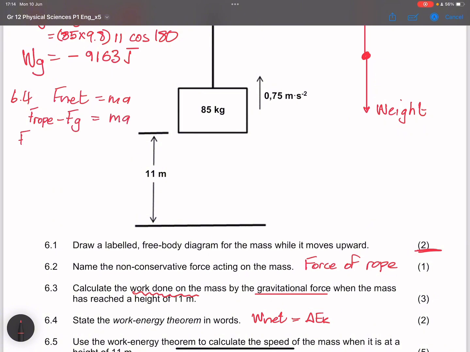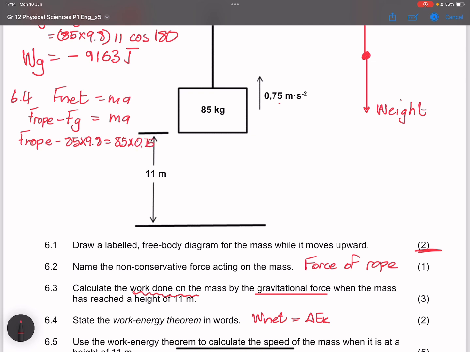So I'm looking for the force on the rope, minus 85 times 9.8. And what does this give me? 85 times the acceleration, which is 0.75.